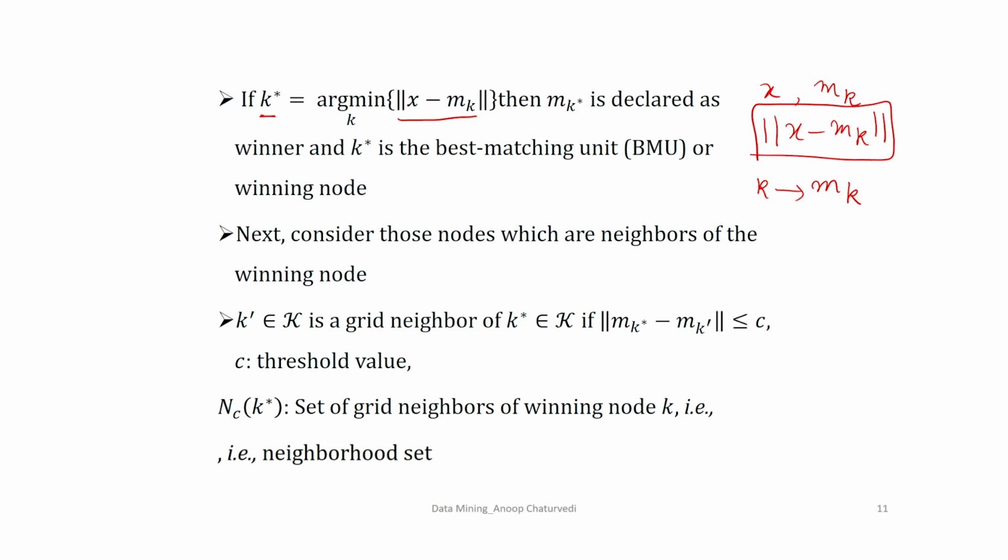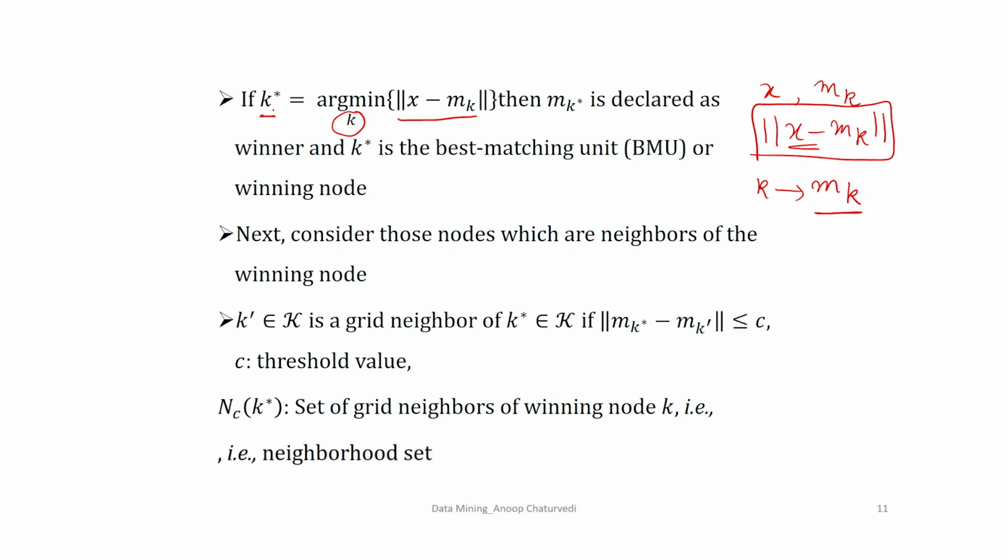So, when we say that x is closest to a particular node, we mean that x is closest to the corresponding prototype. And to measure the closeness, we take this Euclidean distance between x and mk, and then we try to find out the value of k for which this Euclidean distance is minimum, or we try to find out the prototype mk which is closest to x.